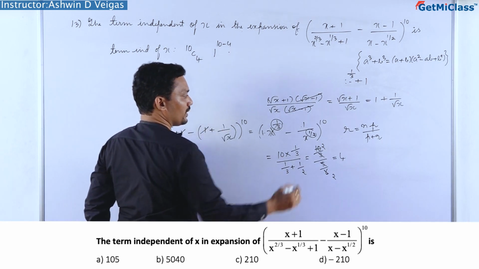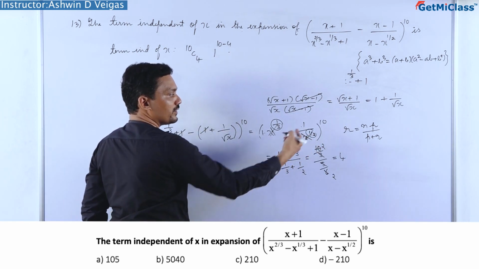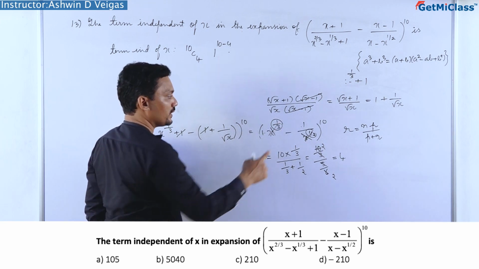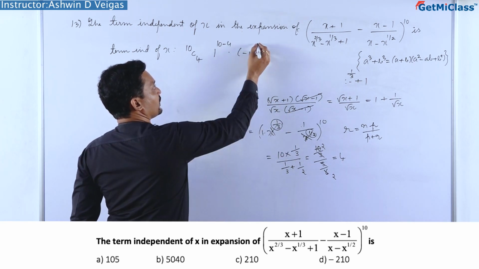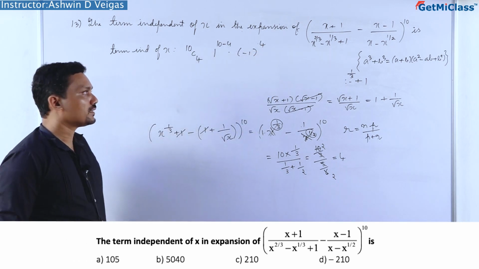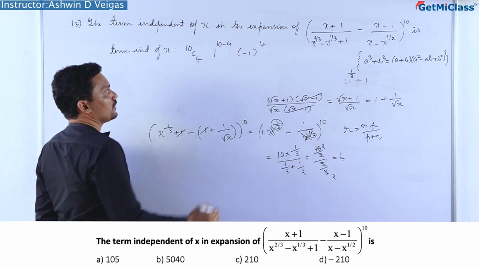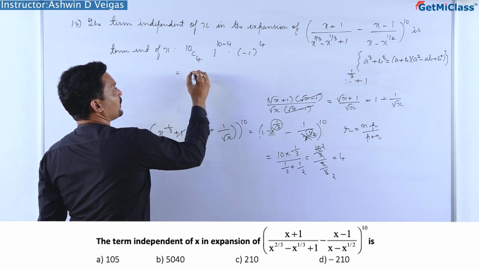In the same way, for the second term, forget the x term and write whatever coefficient is there, so it is minus 1 power R. This will be the term independent of x. This is 1 and this is also 1, so forget it. The answer will be 10C4.